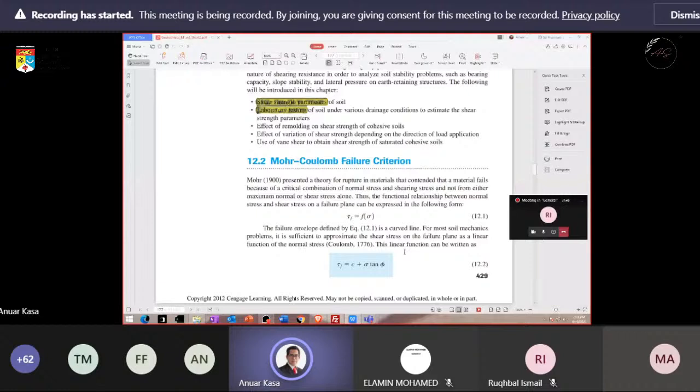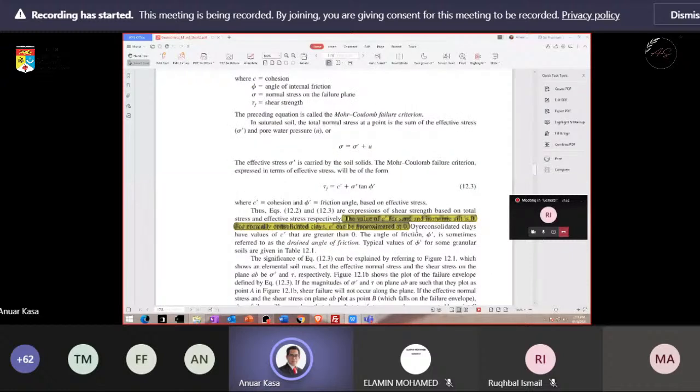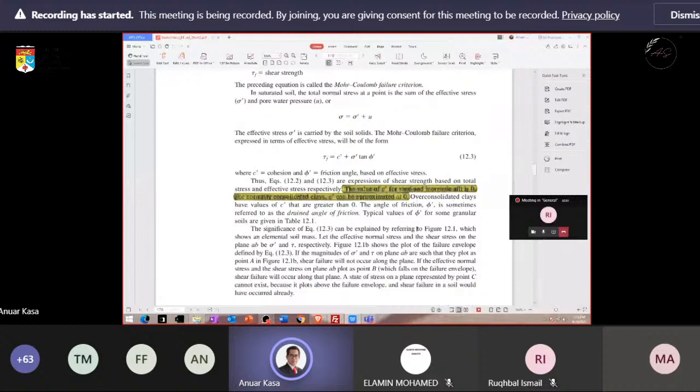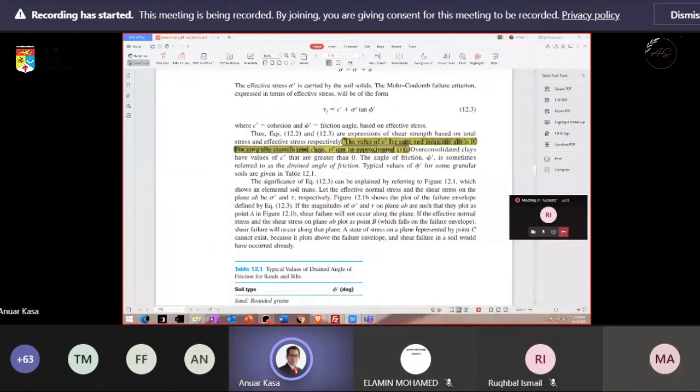Actually, that equation we can also find from the Mohr-Coulomb envelope, in the failure criterion for Mohr-Coulomb. So you get that equation too. This is just a typical value of phi.